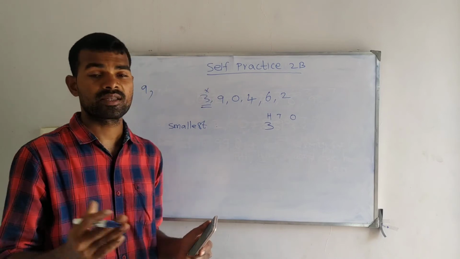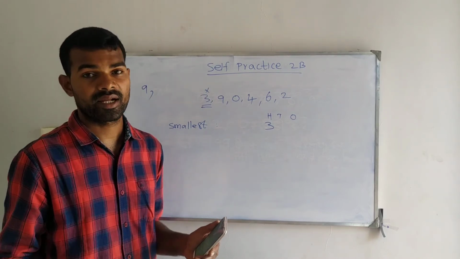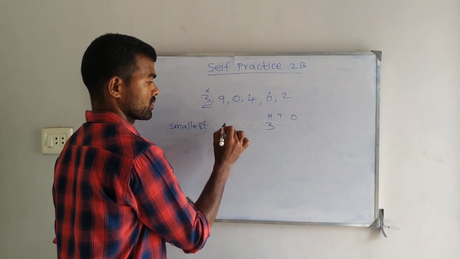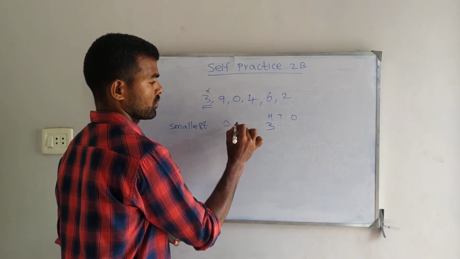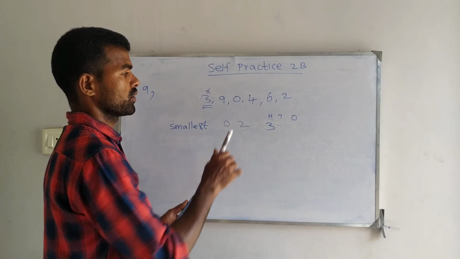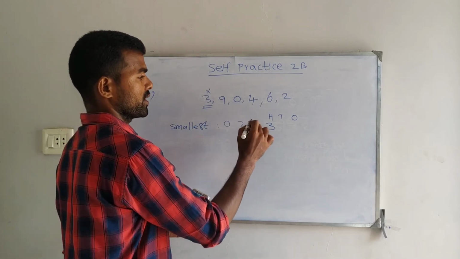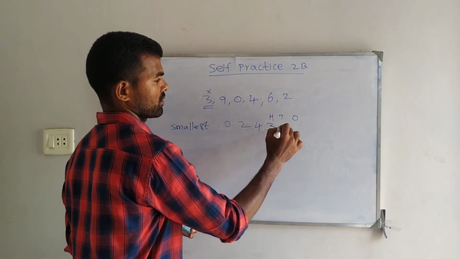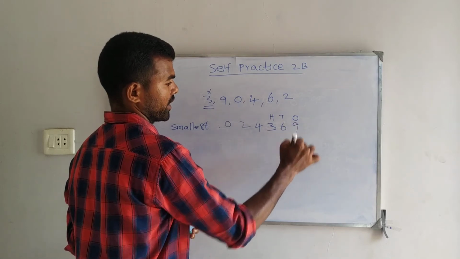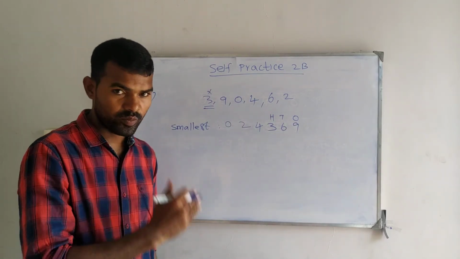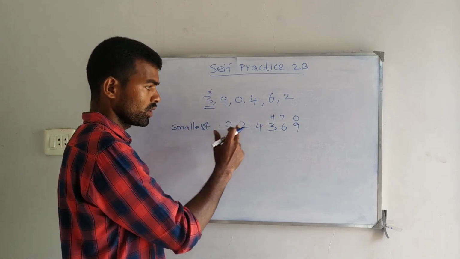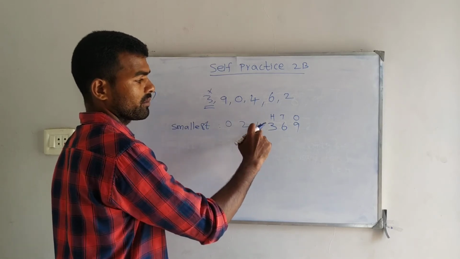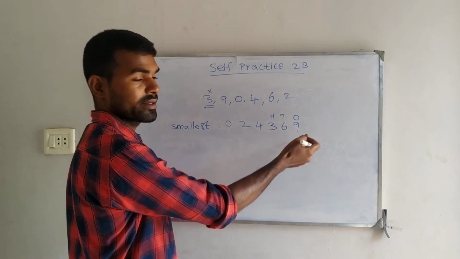For the other digits, we write the smallest number in ascending order. The smallest is 0, after 0 the next is 2, after 2 the next bigger number is 4, after 4 the next is 6, and after 6 the next biggest number is 9.